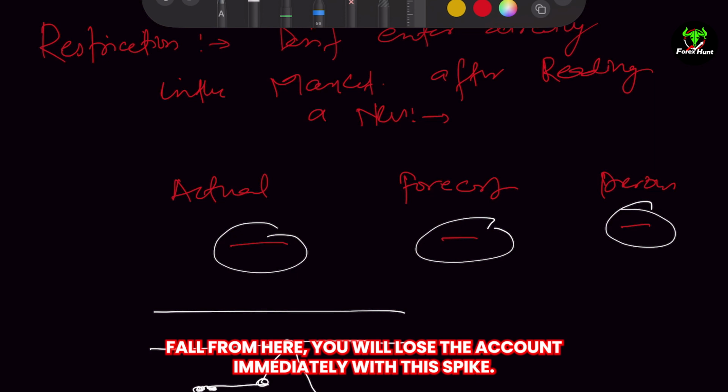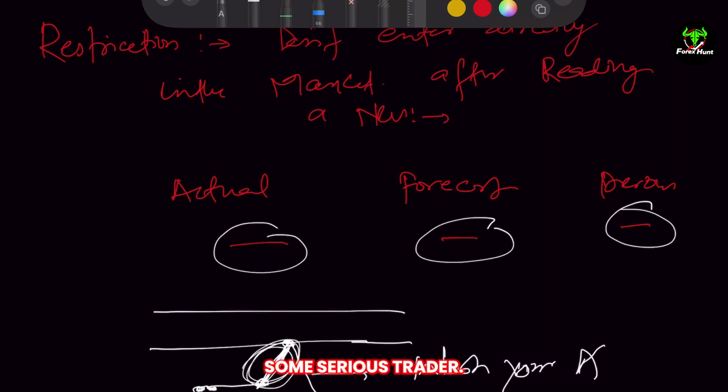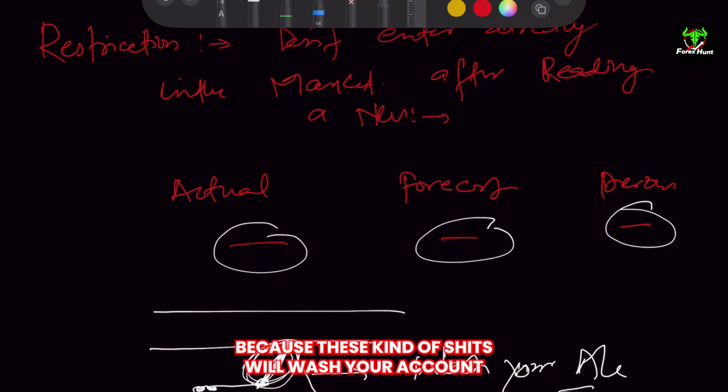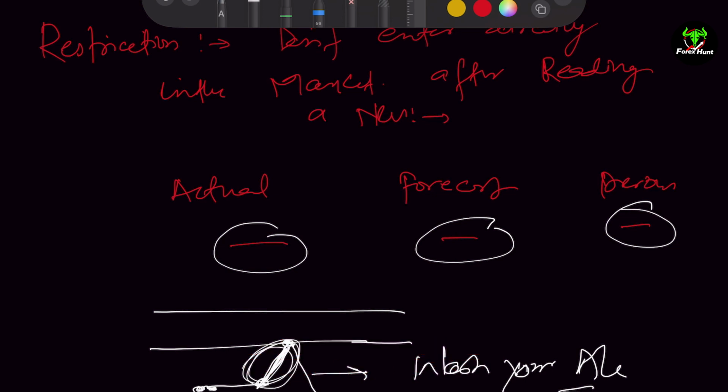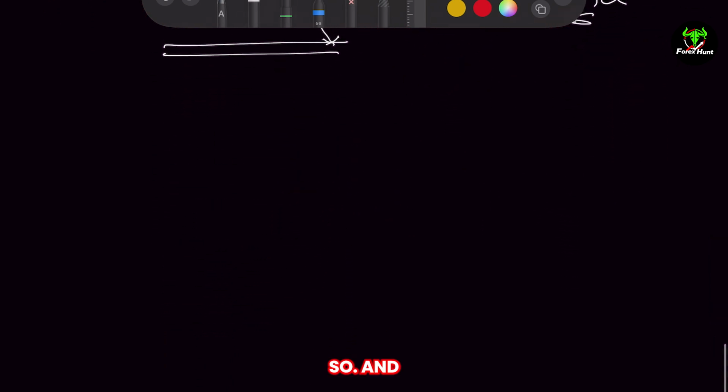You will lose your account immediately with this spike. So be serious, trader. Don't do these kinds of things, because they will wash your account and make you cry.